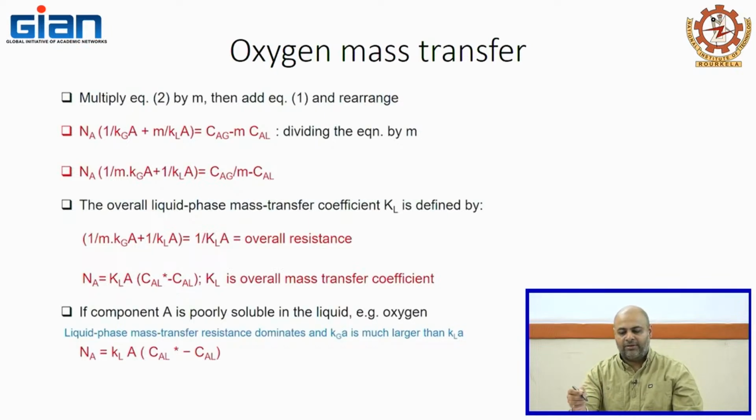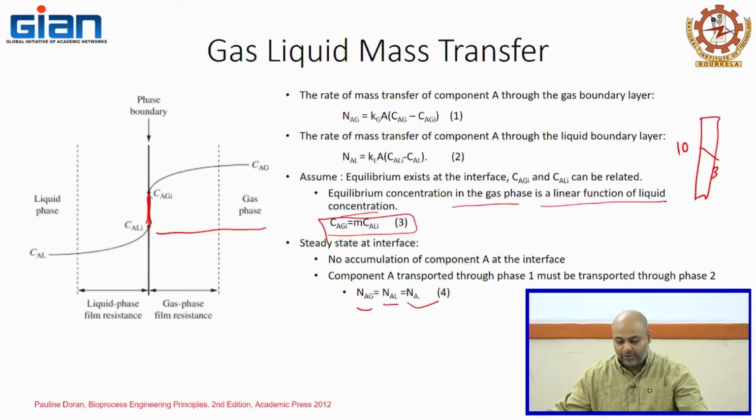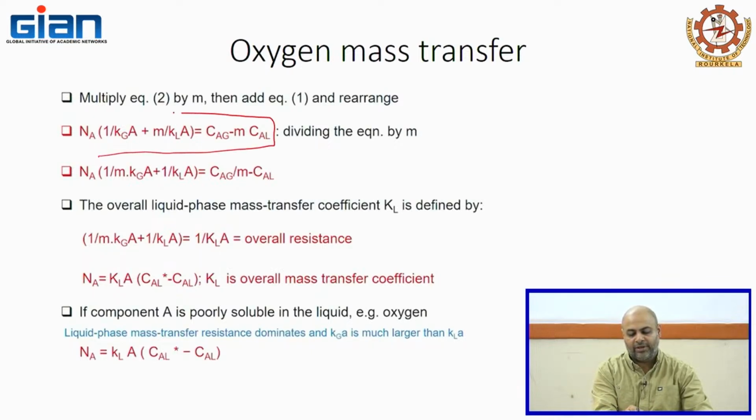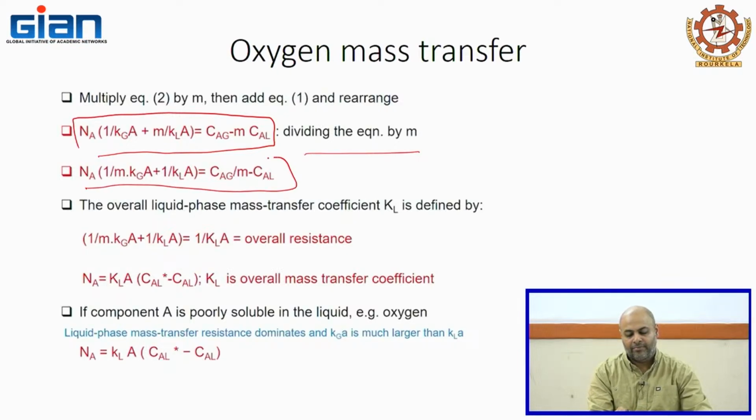Now, oxygen mass transfer. When you multiply equation 2, which is here on the liquid side, by m and rearrange, you get this particular equation here. Now, dividing the equation by m will provide you further.